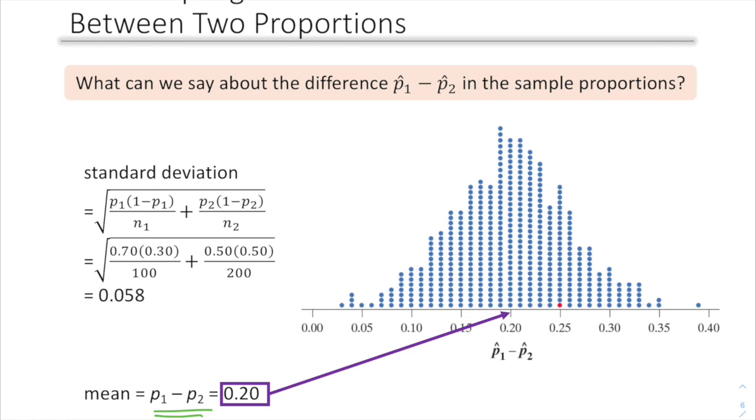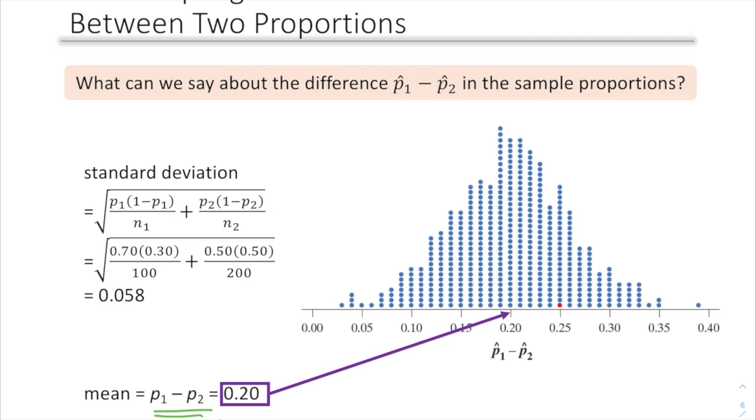Well, 0.2 is the difference between the population values that it gave us. School 1 was 70% and school 2 was 50%. So that's telling us to find the actual mean of the center of the difference of the two groups is to take the parameter values and subtract them. Again, we've learned that in chapters 6 and 7.